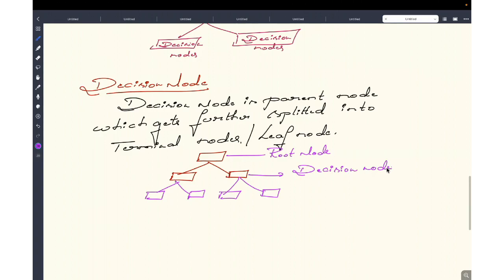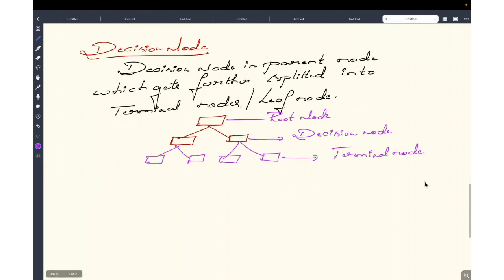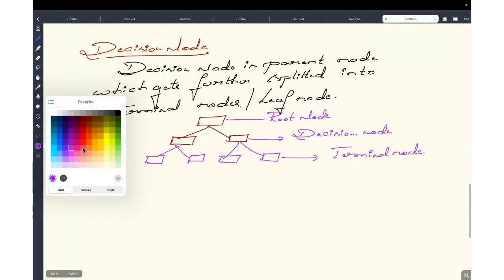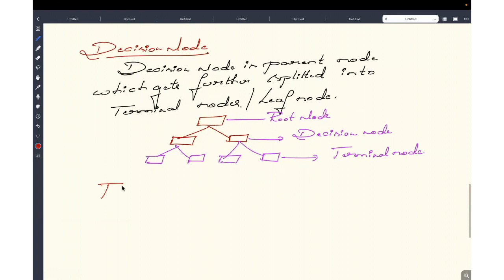And this is a terminal node, or a leaf node. So this is how the different nodes are available. We'll understand what is a terminal node or a leaf node. Terminal node, leaf node, or people also call it a child node as well.